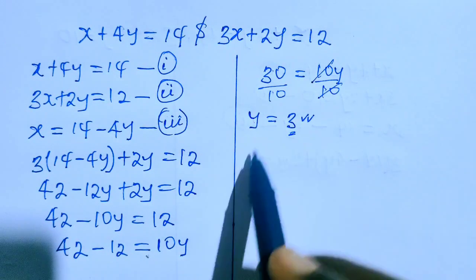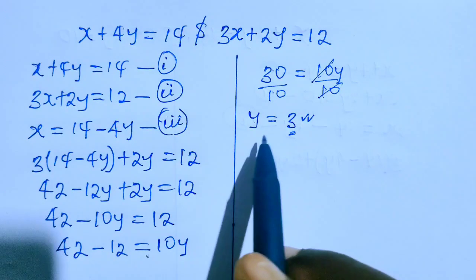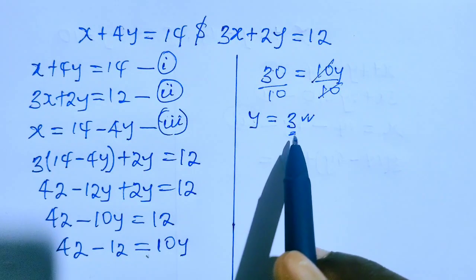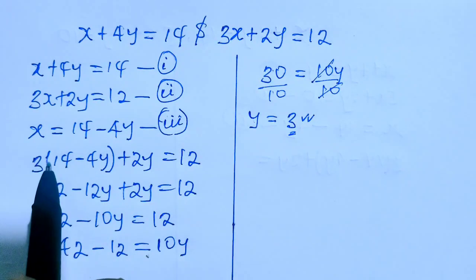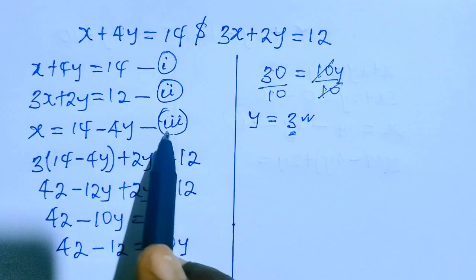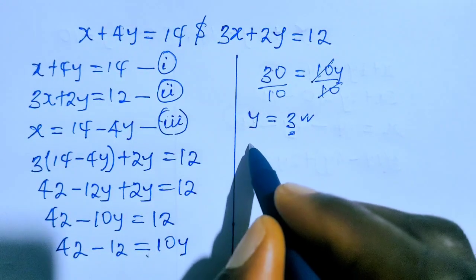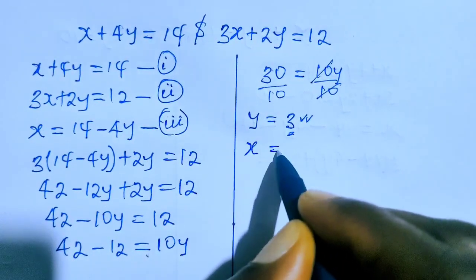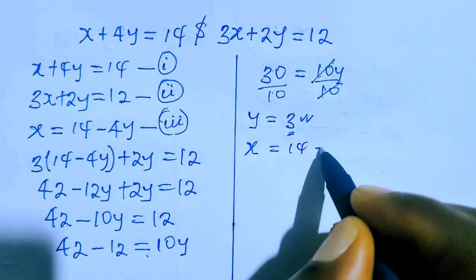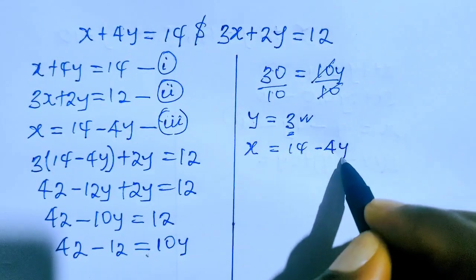Now, to get the value of x, we are going to substitute 3 for y in equation 3 here. Recall that we have equation 3, that x equals 14 minus 4y.